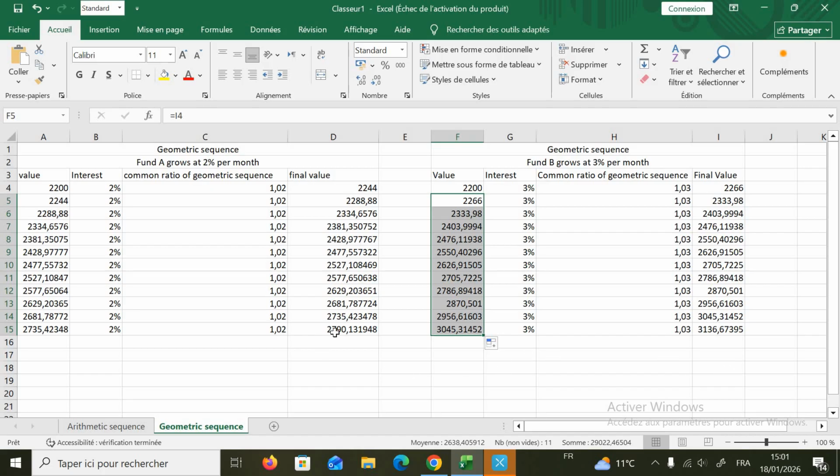If you compare Fund B, growing at 3%, of course it will give us a final value greater than Fund A, where growth is 2% per month.